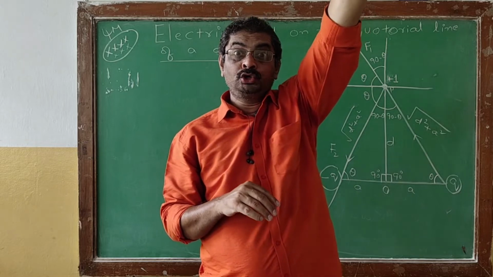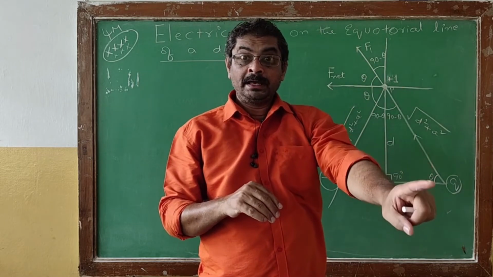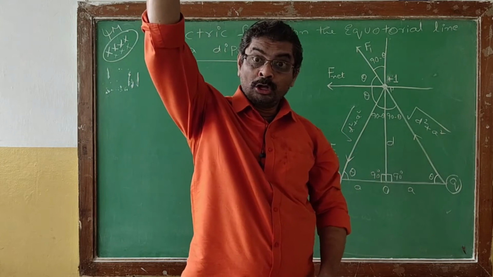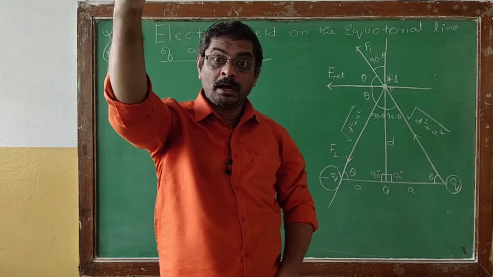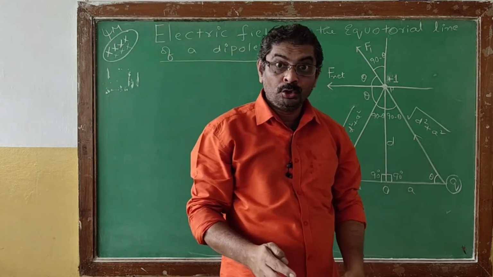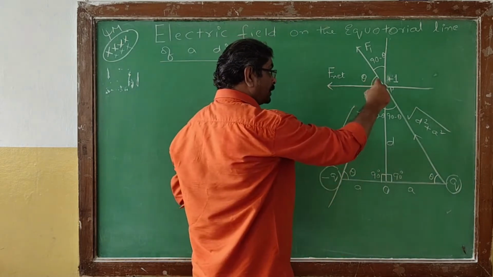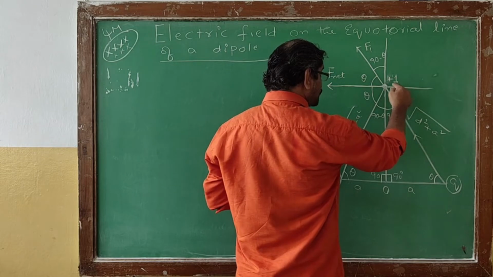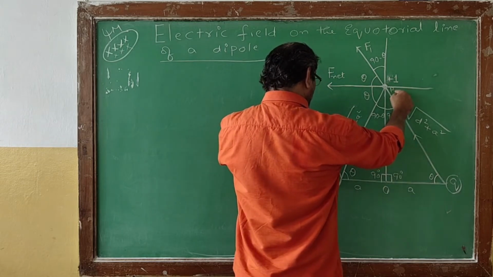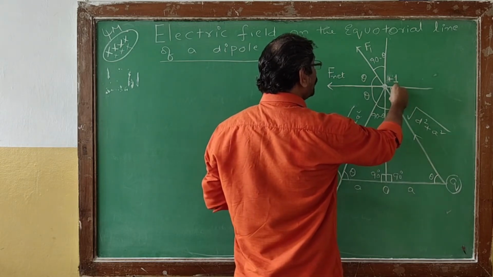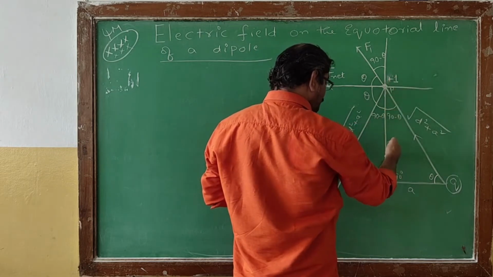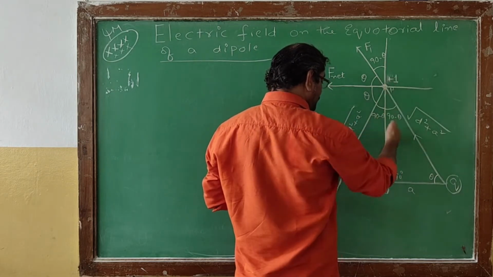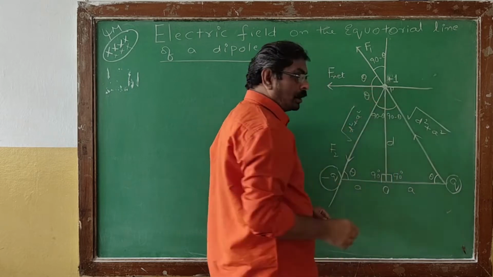So in order to obtain the electric field on the equatorial line, I keep a unit positive charge at point P, and the distance of the point P from the center of the dipole is small d.